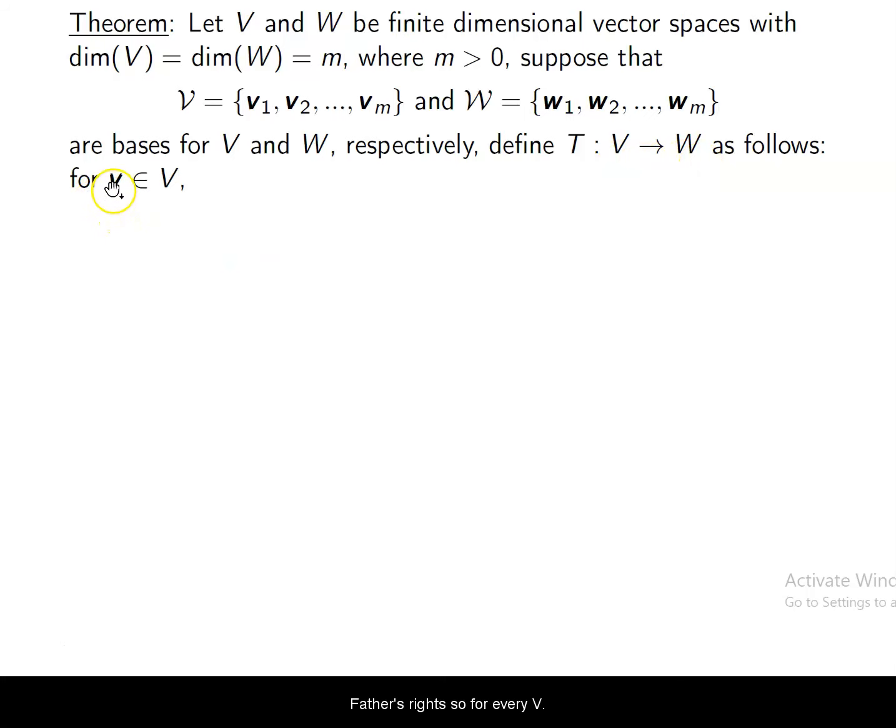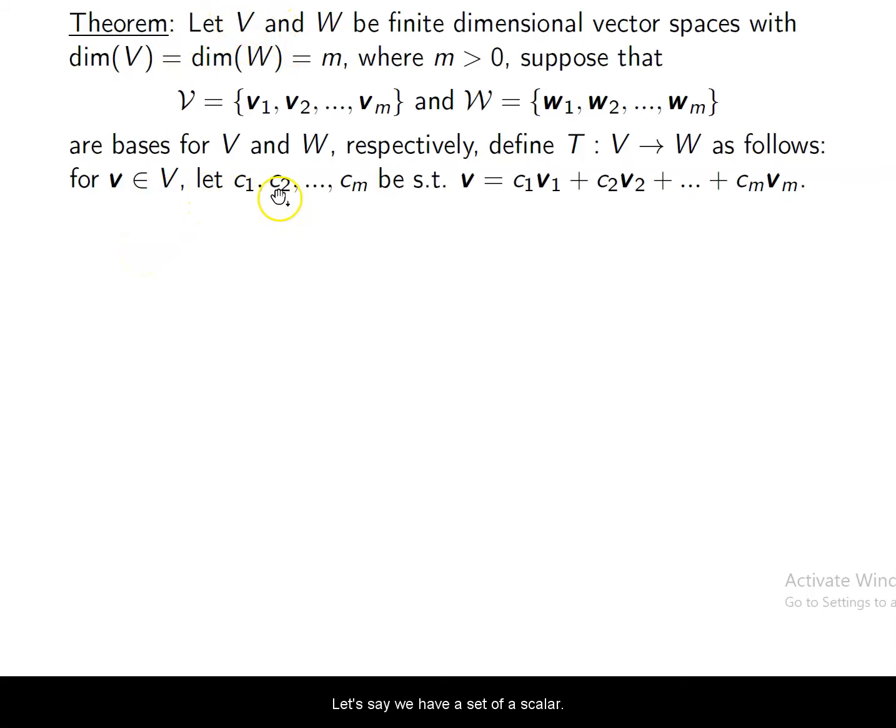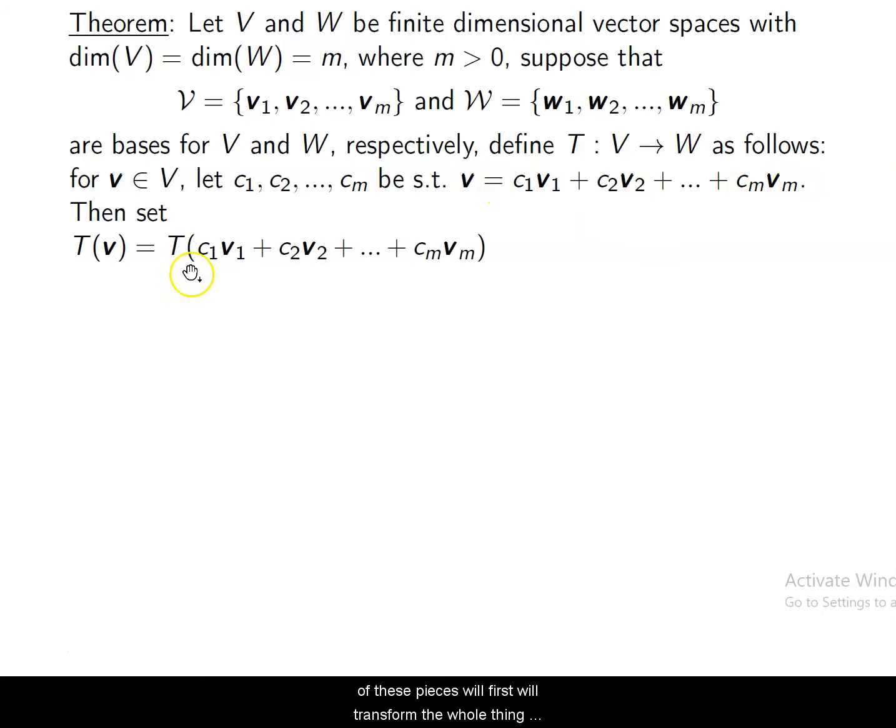So for every V inside of my vector space, my domain, let's say we have a set of scalars such that V can be represented as a linear combination of these scalars, right? Then what we're going to do is we're going to set T of V to be a transformation, right? So T of V means that I'm basically going to transform each of these pieces. First we'll transform the whole thing, and then we'll separate it into pieces, right?